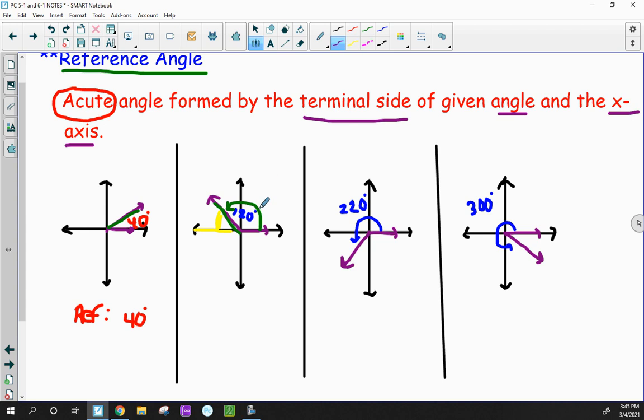So in this case, it's not the same answer. Remember there's 180 degrees in a straight angle, so you're going to subtract 180 minus your angle that you're given, and check out the answer here. The answer is definitely less than 90 degrees, so I know that's a good answer.